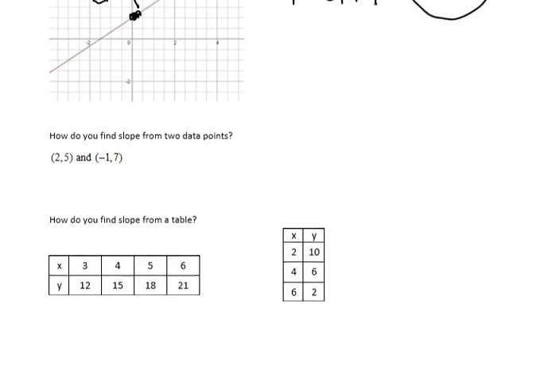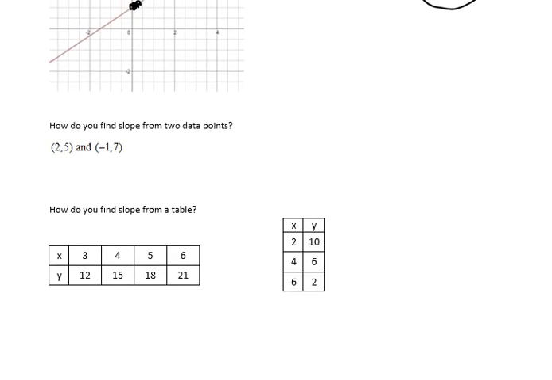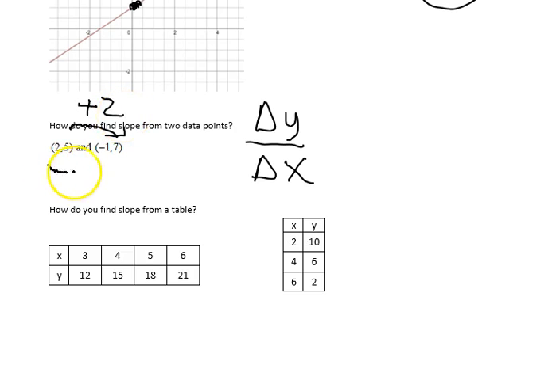Then we want to talk about finding the slope using two data points. This is when we talked about finding the change in y over the change in x. So when we look at these two ordered pairs, when we go from 5 to 7, that's a positive 2 change. When we go from 2 to -1, that's a -3 change.